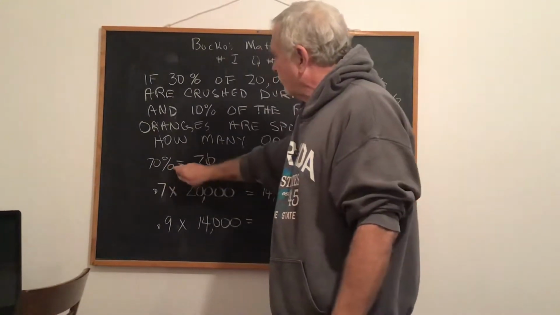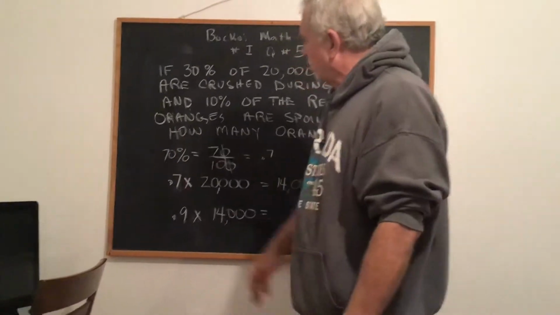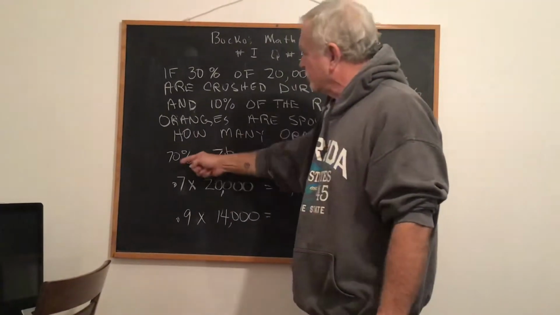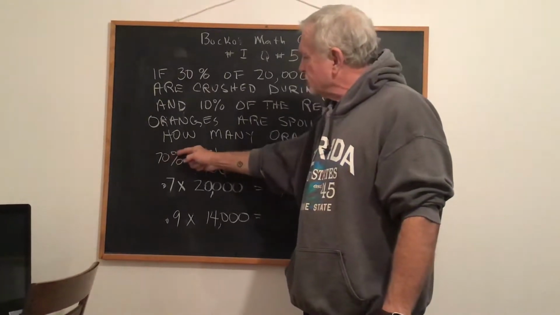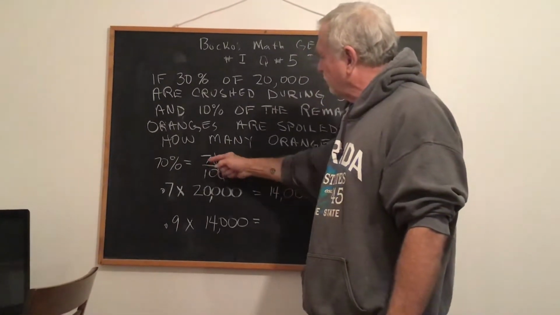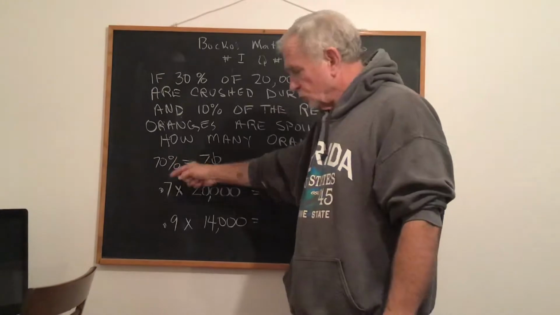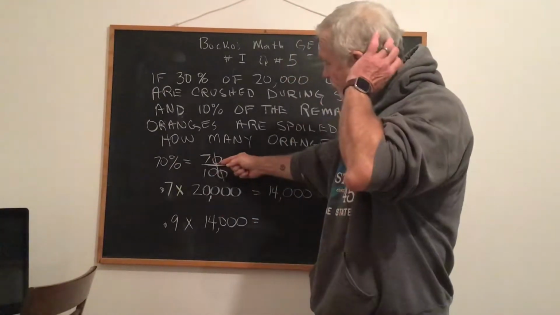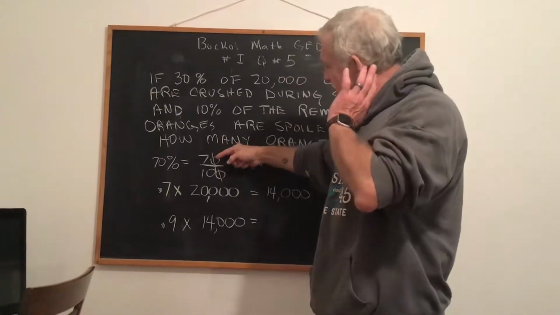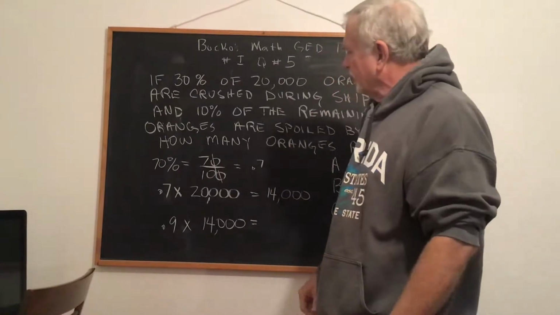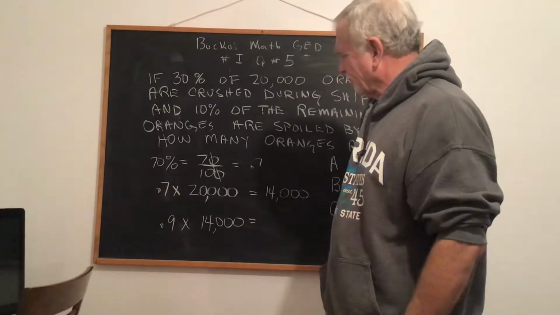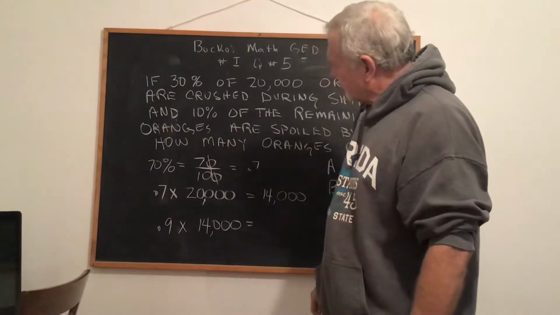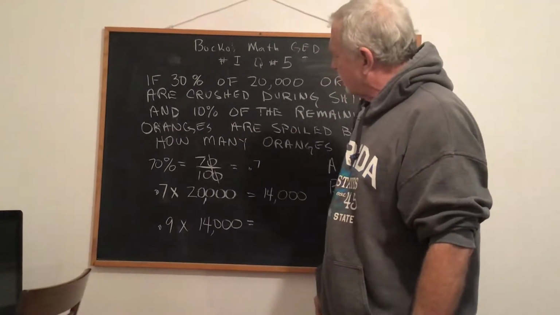And we're going to start out with this weird little symbol, and I really dislike that symbol because you can't really do too much with it mathematically. But whenever you see that symbol, you turn it into a per 100, which is what percent means, out of 100. 70 out of 100 are good. And then I crossed out a 0 from the top and a 0 from the bottom.